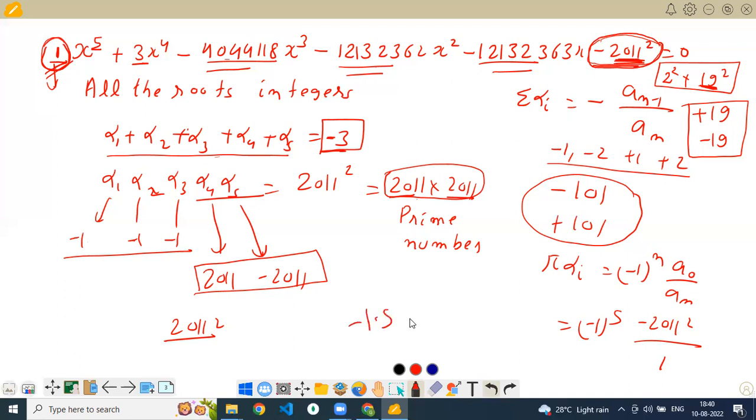You can always say minus 1.5, minus 1.5 is also minus 3. But you already argued that the roots are integers, so the roots cannot be rational numbers. The roots have to be perfect integers. Okay, so that was the trick here.